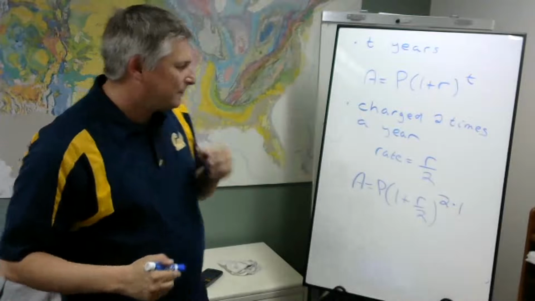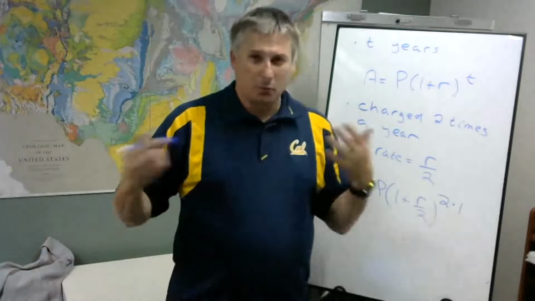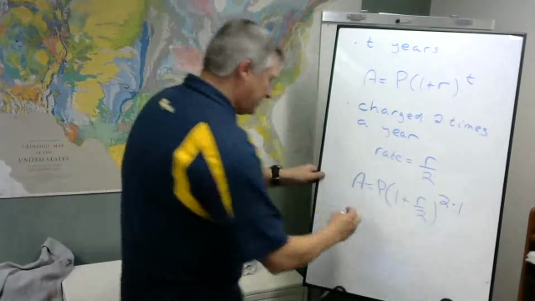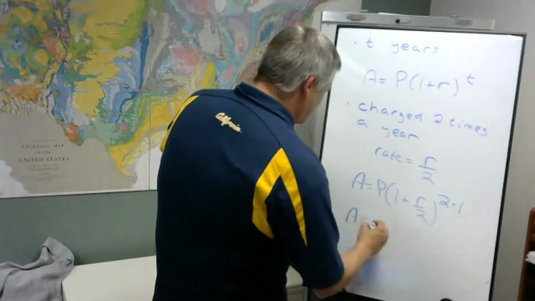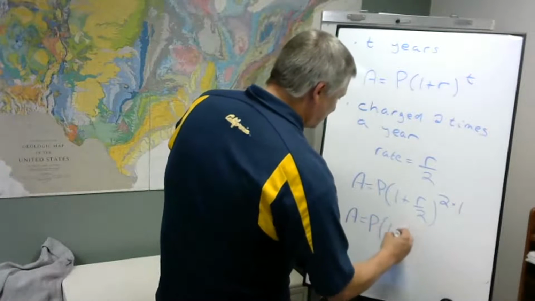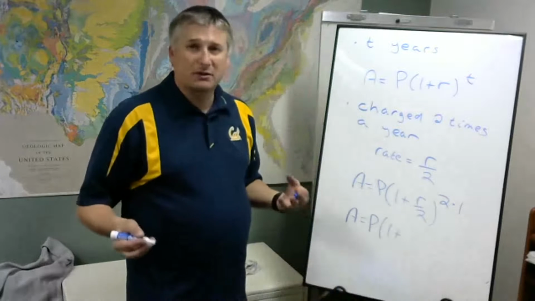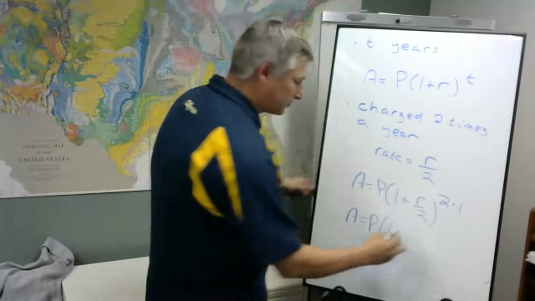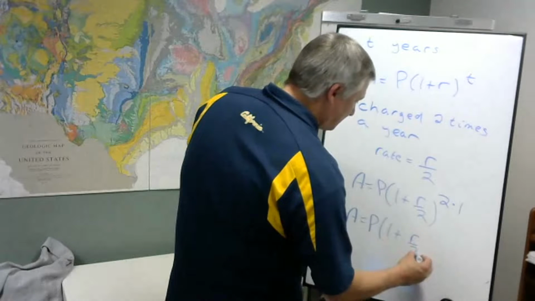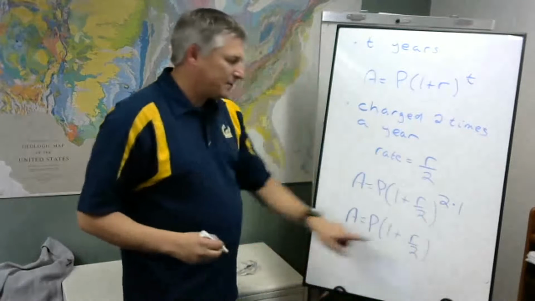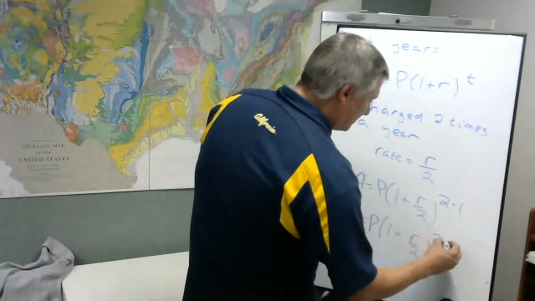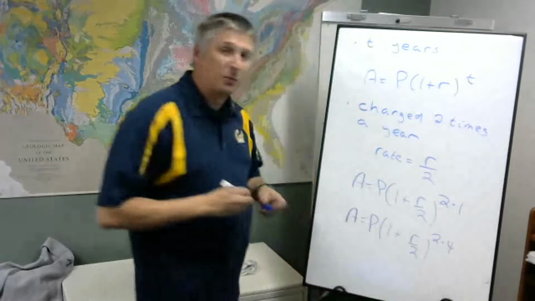So, for example, again, let's say we didn't do this for 1 year. Let's say we did it for 4 years. So that means twice a year for 4 years, we're going to be charged interest. Now, since we're charged twice a year, the interest rate is still R over 2. But then the total number of times we're charged is twice a year times 4 years.